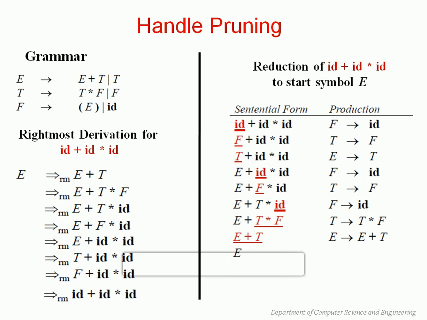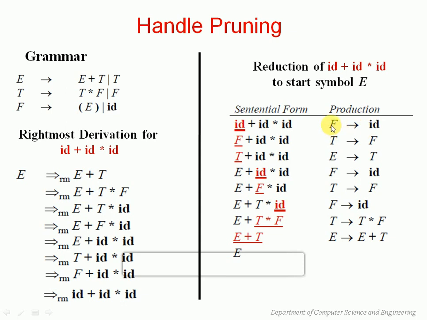Okay, so id gets replaced using F. The strings underlined in red are those handles that we are identifying from these sentential forms. So id plus id star id is a sentential form where you identified id as the handle, and that gets replaced using F.